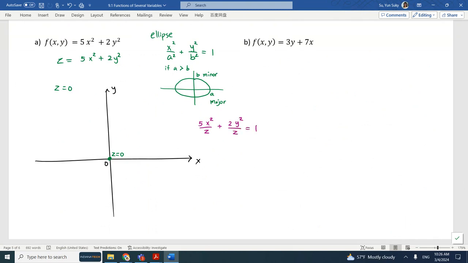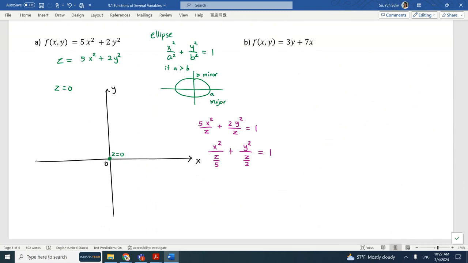Yes, I'm trying to change into the standard form. So I make the right hand side 1. I divide by z. And I want to move the 5 downstairs so that I have x squared over something. So I get x squared over z over 5 plus y squared over z over 2 equals 1. Is that okay, everybody?